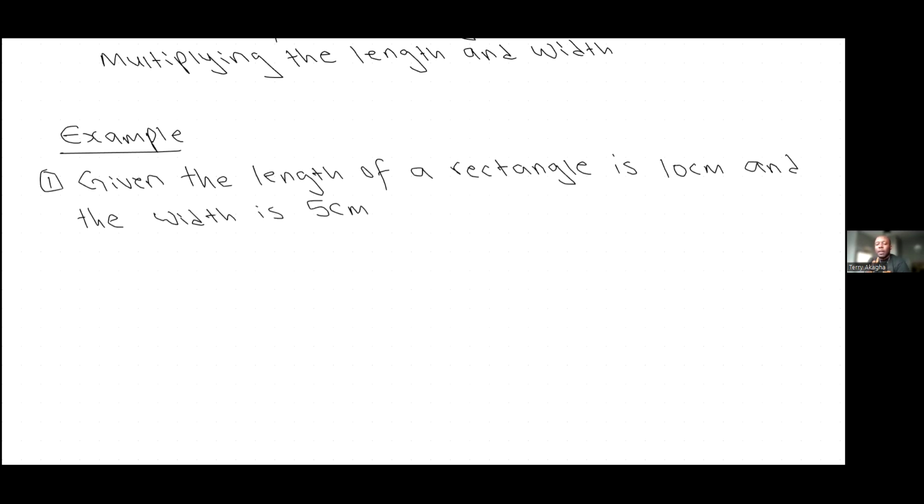We're now told to do two things. One, find A, the area of the rectangle, and B, the diagonal of the rectangle.